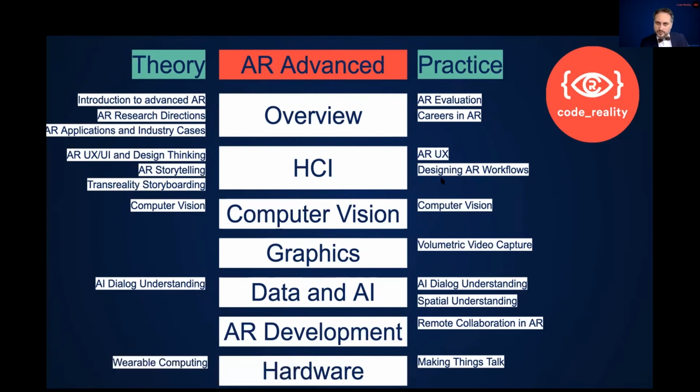And with regard to the other practice sections, there's again a careers one to sharpen thinking about employability, but there is also one that tests evaluation skills, UX design skills, and the practicals for computer vision, volumetric video capture, dialogue understanding, spatial understanding, and collaboration and sharing.